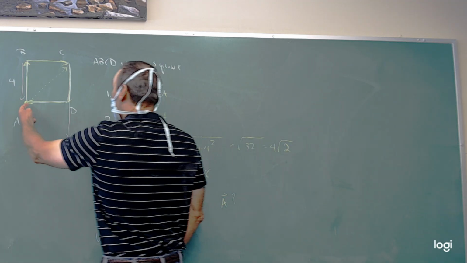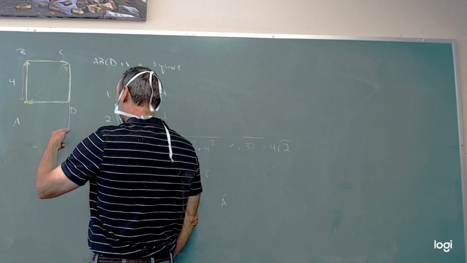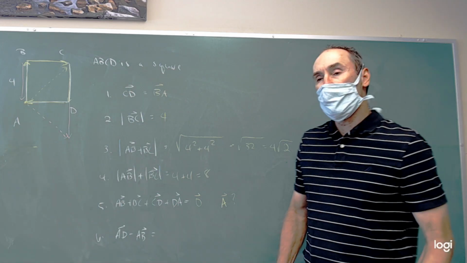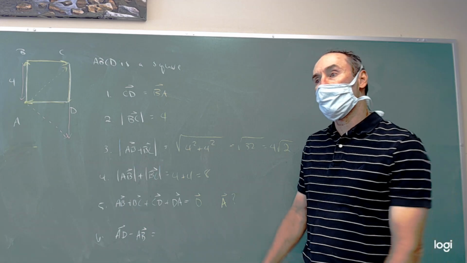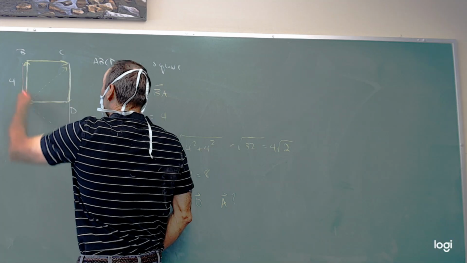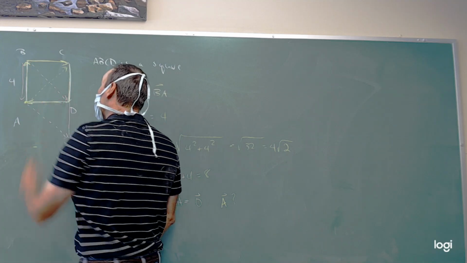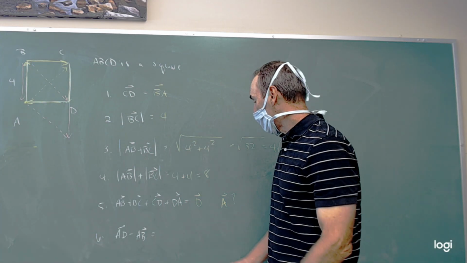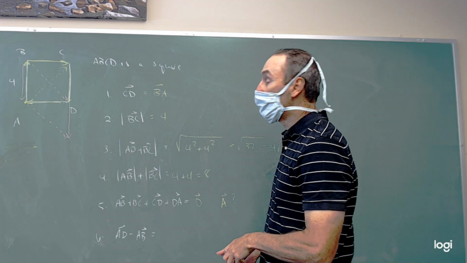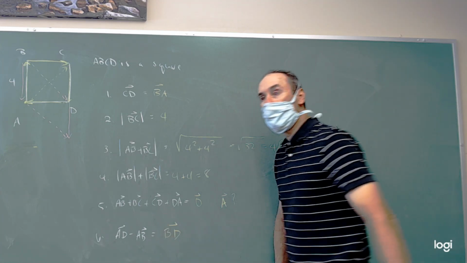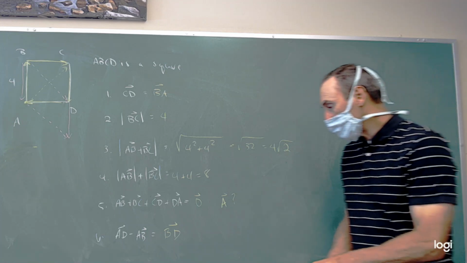And so going AD minus AB is going to be this vector here. But I want to slide it back in where we can name it in this square. So sliding that is going to be this diagonal here. And so we are going to call that PD. Kind of crazy? Kind of fun in a weird way.